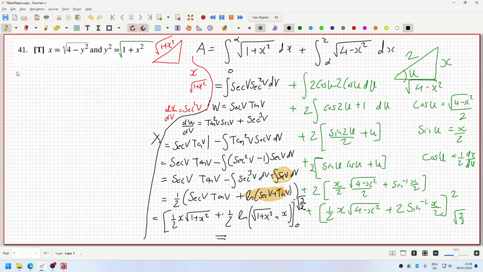So if you have y equals log sec x plus tan x, then the derivative dy dx is 1 over sec x plus tan x times the derivative here. So I'll get back to this in a moment, but let me just check.